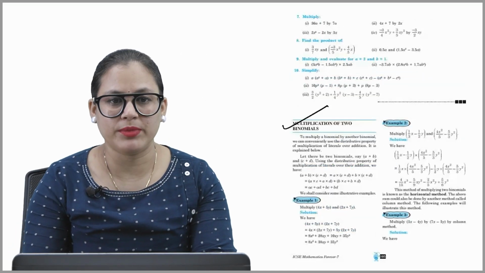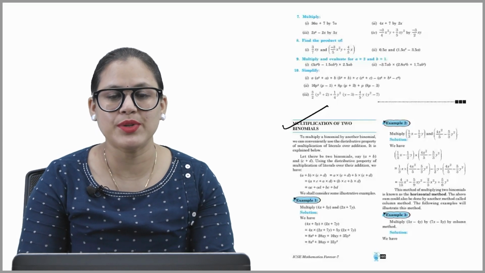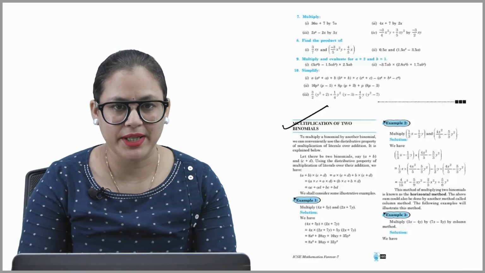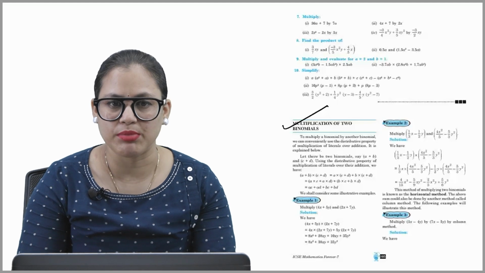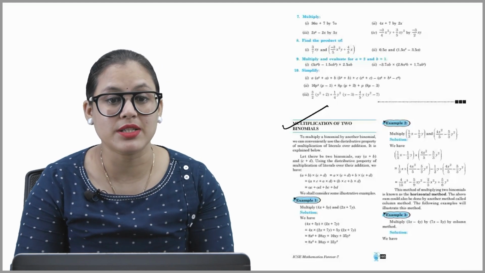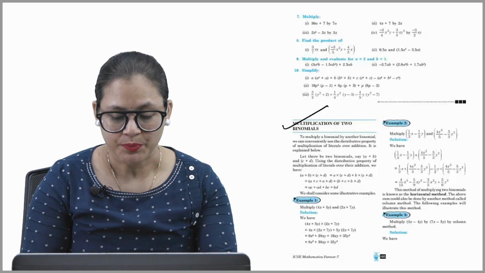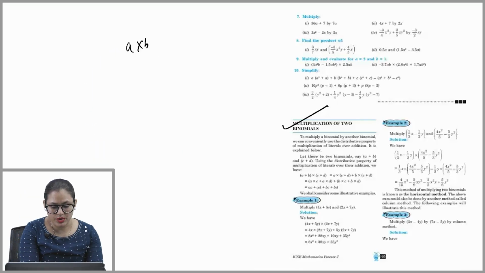Multiplication of two binomials. To multiply a binomial by another binomial, we can conveniently use the distributive property of multiplication of literals over addition. It is explained below. Let there be two binomials, say a plus b and c plus d. Using the distributive property, we have a plus b into c plus d.